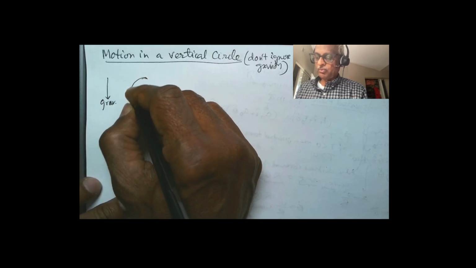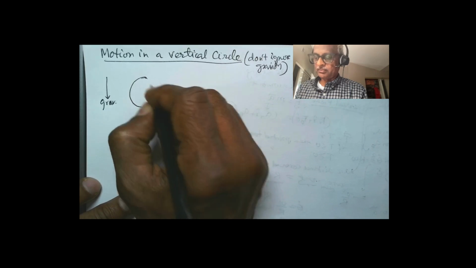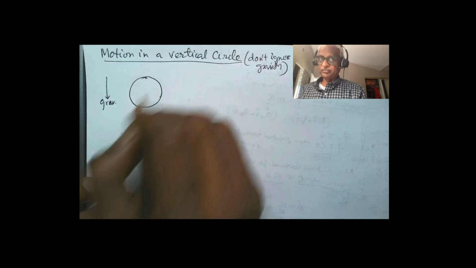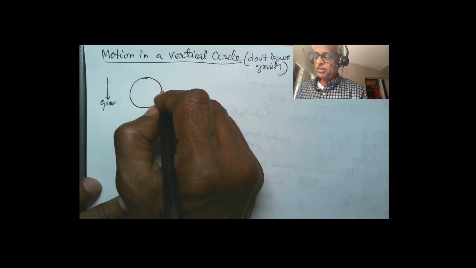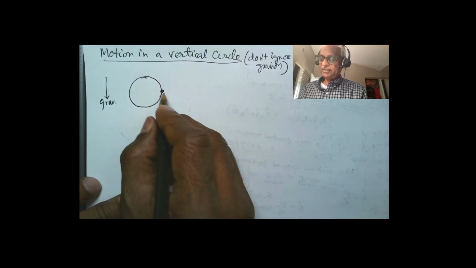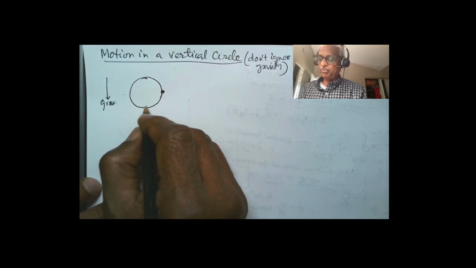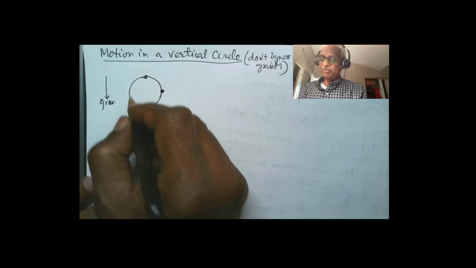Gravity is pointing that way, and you're moving in a circle. The points of the question are usually at this point, this point, this point, and that point.